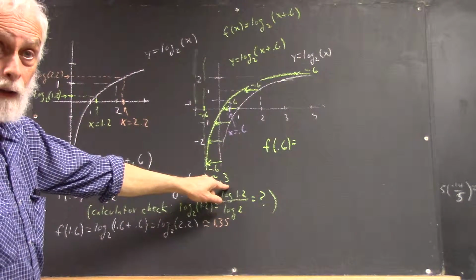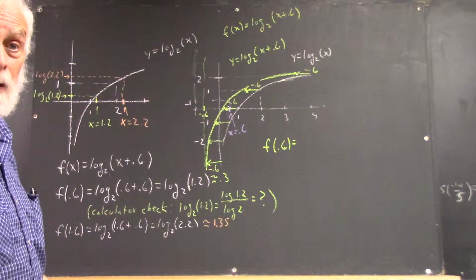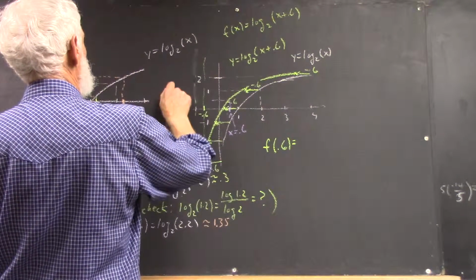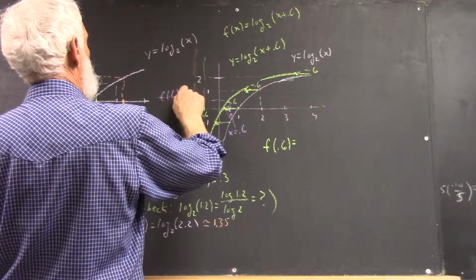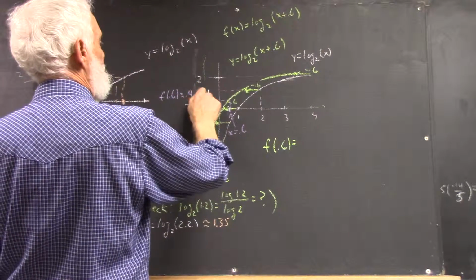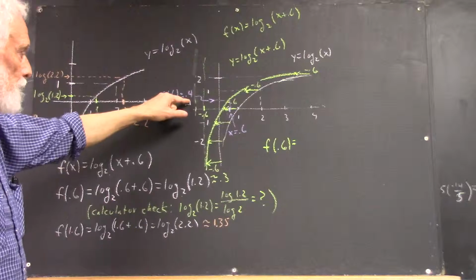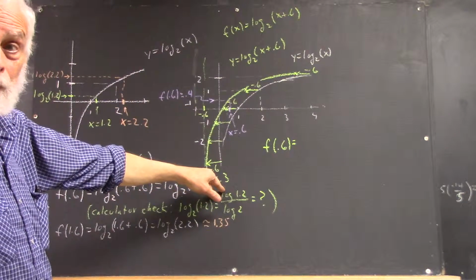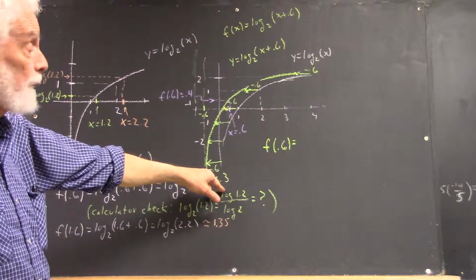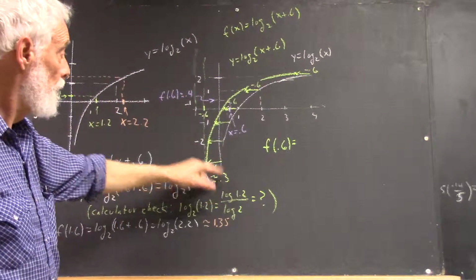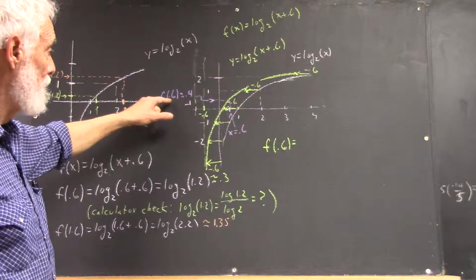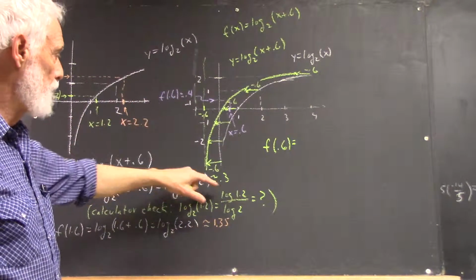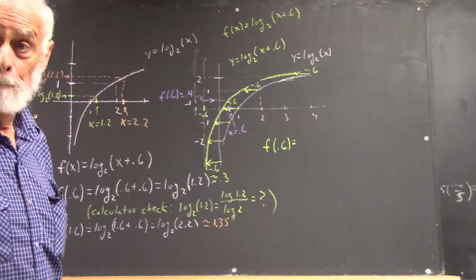The graph is a little different. I don't draw it the same every time. So I get this result, which is consistent with this. It's not exactly the same, but it's close enough that I can accept that f of 0.6 and log base 2 of 1.2 should give me the same thing. Okay?